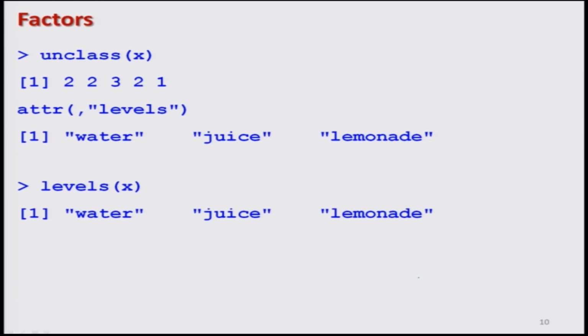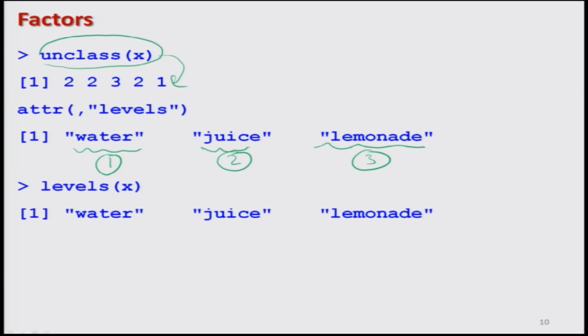And in the same example, if you want to unclass it, then you get this type of vector, and it is showing that the labels are now water, juice and lemonade. That means water is indicated by 1, juice is indicated by 2 and lemonade is indicated by 3.